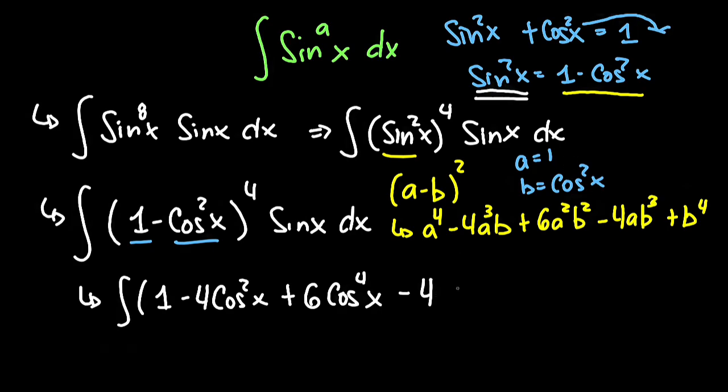Multiply it by b cubed, cosine squared of x to the power of 3 is simply cosine to the power 6 of x, plus b to the power of 4, cosine squared of x to the power of 4, which will give you a value of cosine to the power of 8 of x. And copy the rest here.